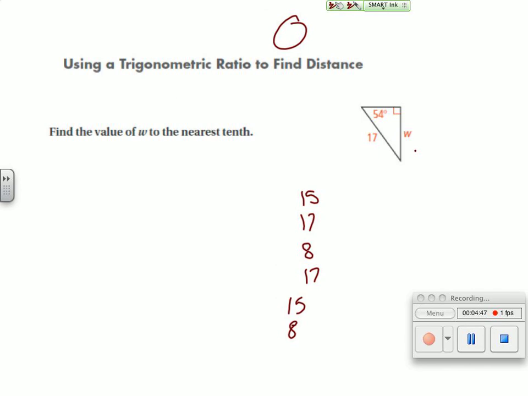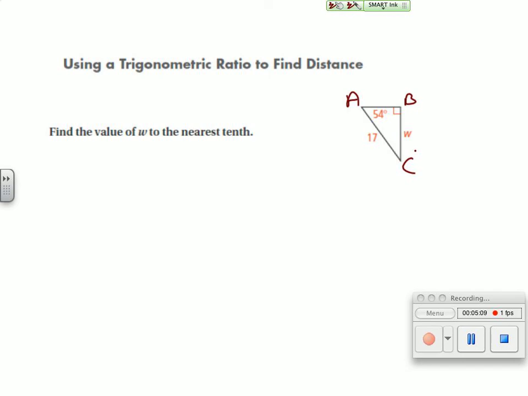Here's my board. Using trigonometric ratio to find distance. So in my drawing here, I have triangle, and let's call it ABC, and I want to find the value of W to the nearest tenth.